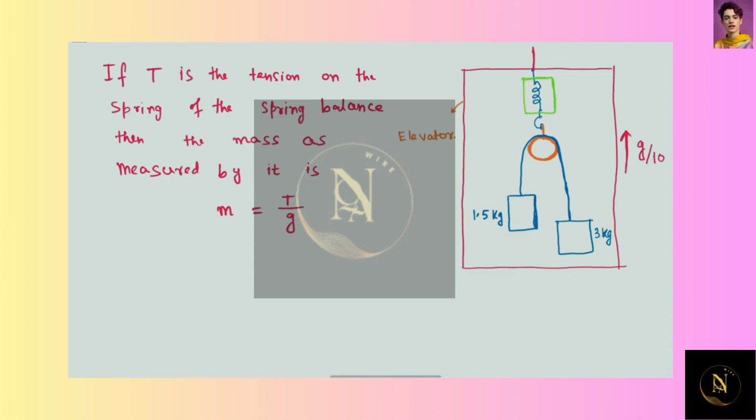So we have to find the tension force first on the spring of the spring balance, and if we can find the tension force, then we can easily find the reading of the spring balance.